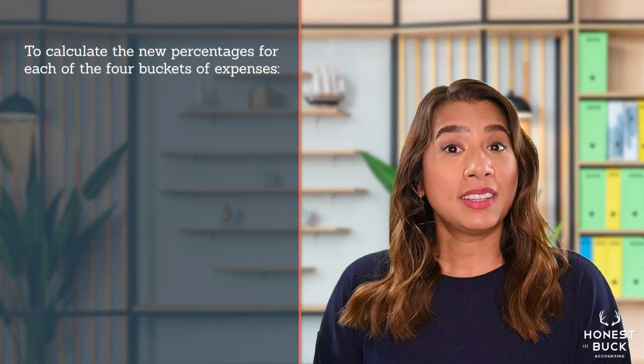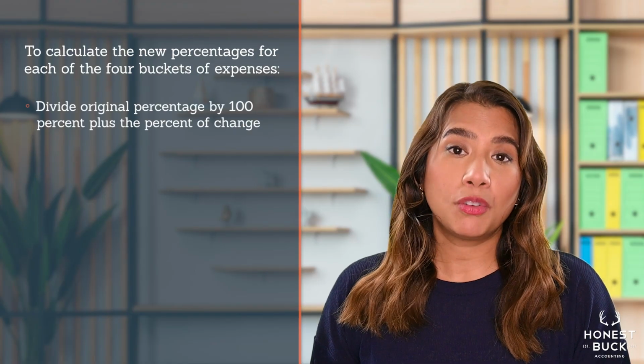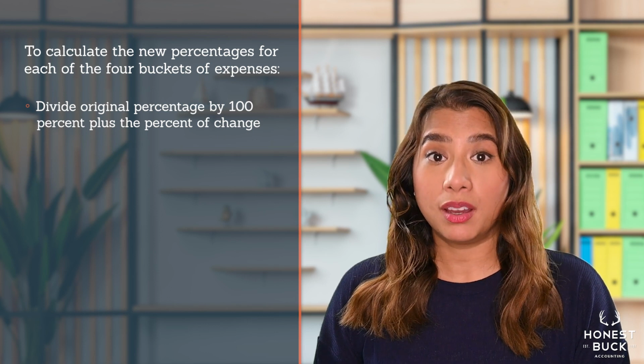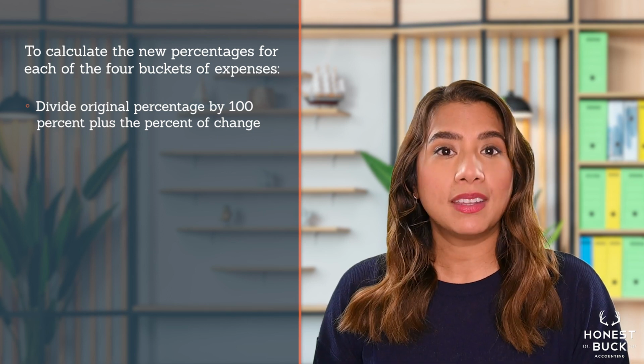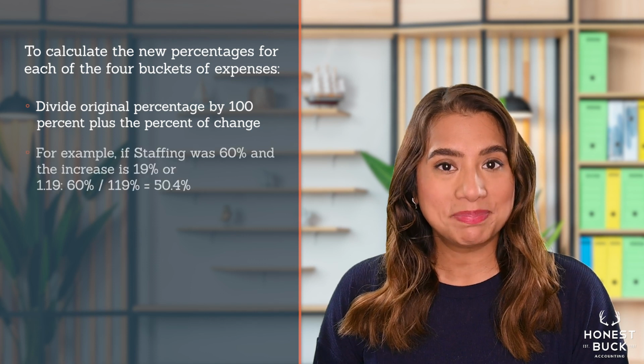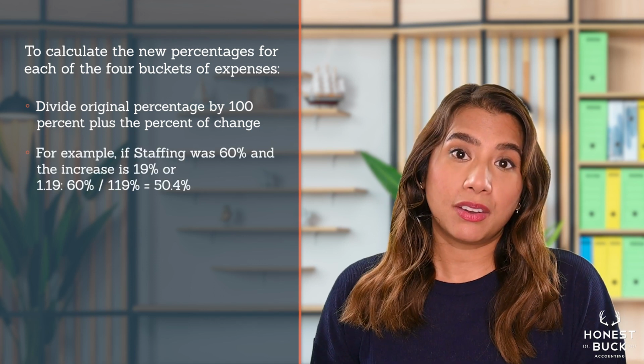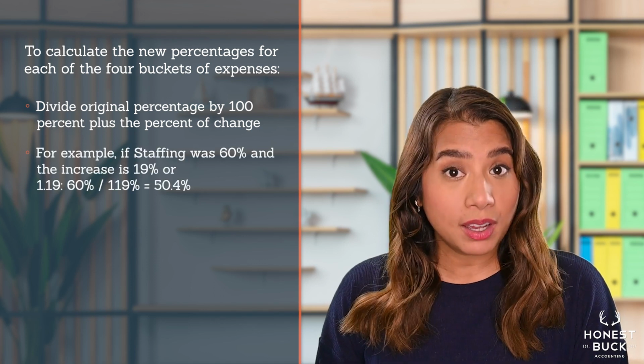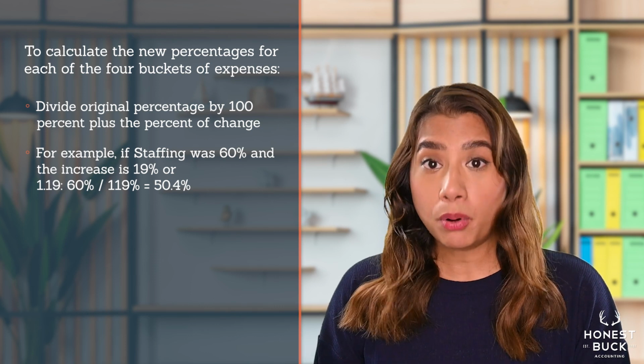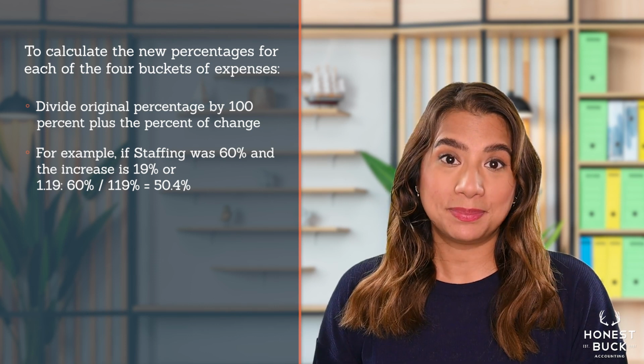Now, let's look at what happens to the owner's 4 buckets of expenses when they apply this 19% increase. To calculate that, we need to divide the original percentage by 1.19, or 100% plus 19%. For example, if we divide the old staffing figure of 60% by 1.19, the new staffing figure is approximately 51%.